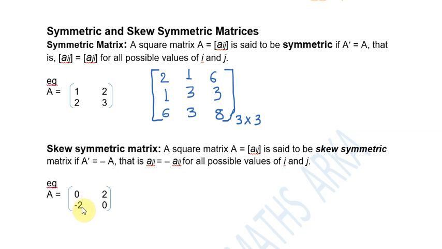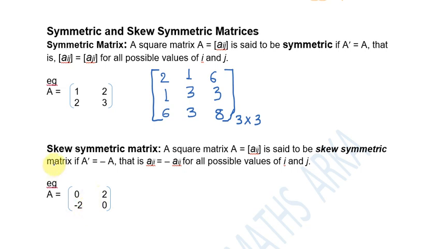So here it is -2 and here what we have is 2. If we consider this to be the actual thing and this the image, then the actual thing is 2 and the image is -2.